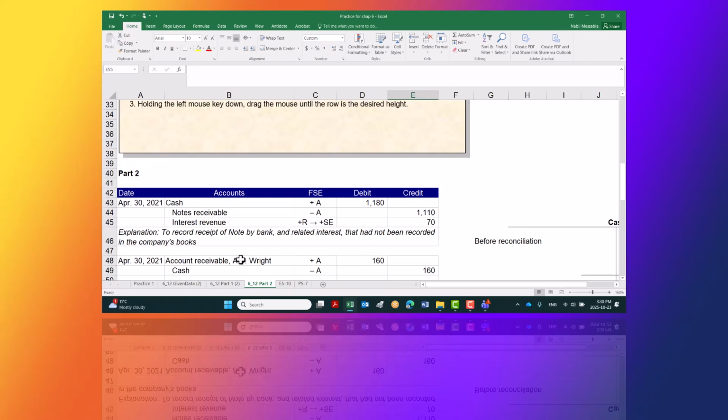Then, with that information, what should we do? The first step is to prepare the bank reconciliation. What is the structure of that bank reconciliation? Whether it is done on Excel or on paper, exactly the same thing, absolutely no difference.